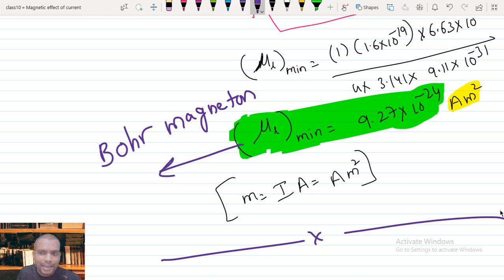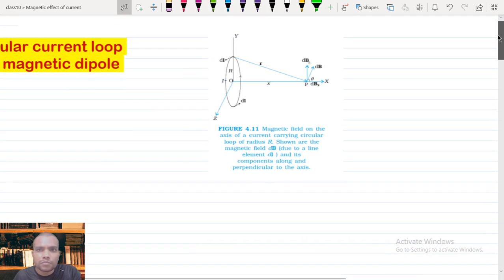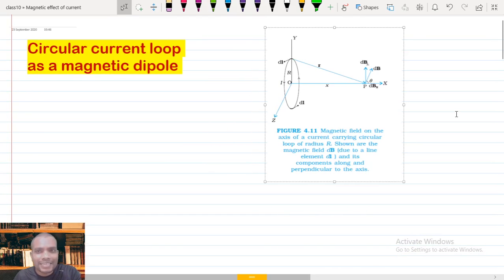So finally I can end by concluding that the magnetic moment does exist at the atomic level, for a revolving electron. Not only that, a magnetic moment also exists for a current carrying circular loop, so the current carrying circular loop is a magnetic dipole.